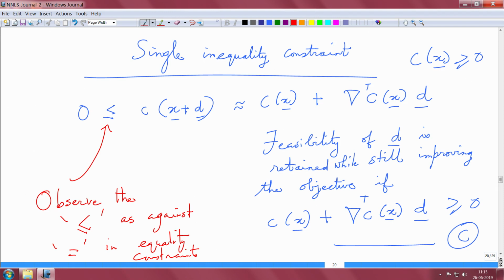Therefore, C of x plus del C dot the direction is greater than or equal to 0, because C of x is also greater than or equal to 0, right. We plug in this condition here. So, therefore, C of x plus del C transpose d is greater than or equal to 0, because this is greater than or equal to 0 and this is also greater than or equal to 0. So, I call this inequality C.